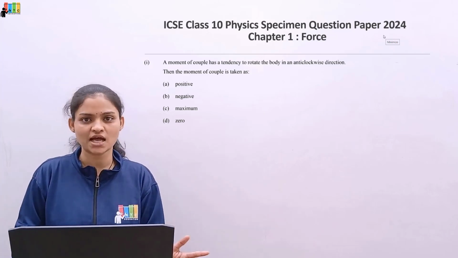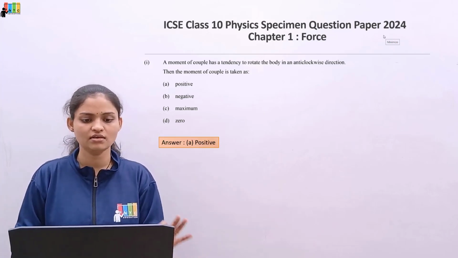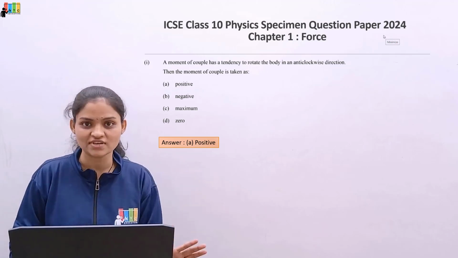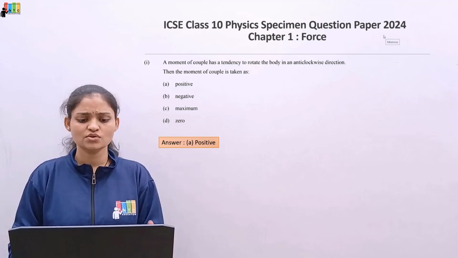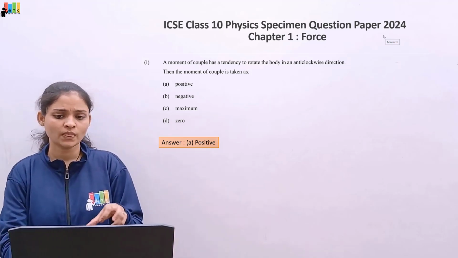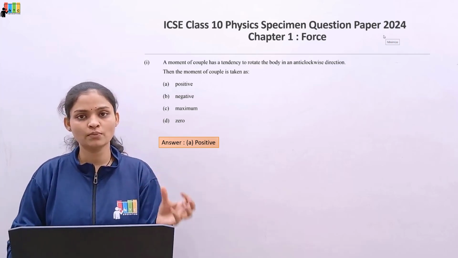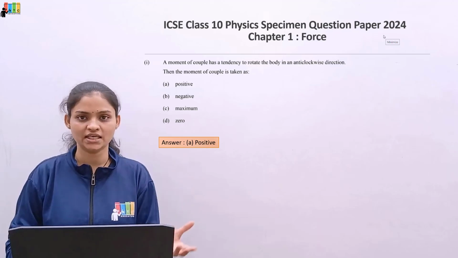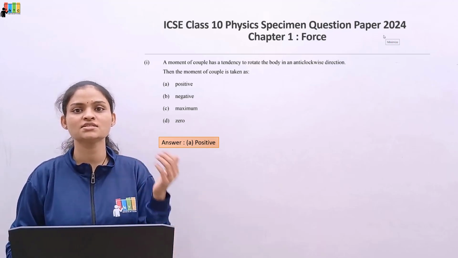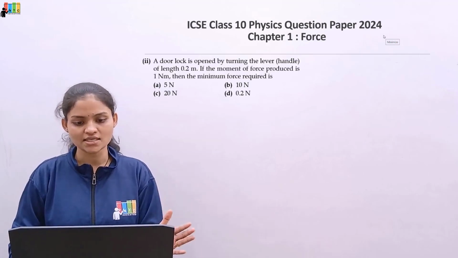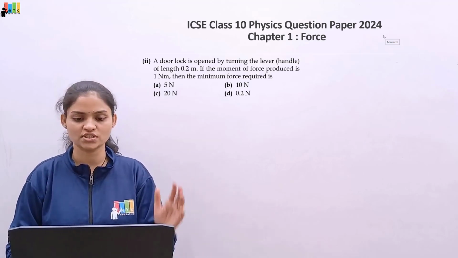So what will be the answer? It is very easy. Here we are taking anti-clockwise direction, right? So no need to discuss again. When we consider anti-clockwise moment, we take it positive, and when we consider clockwise moment, we take it negative. So the answer to this question is positive.